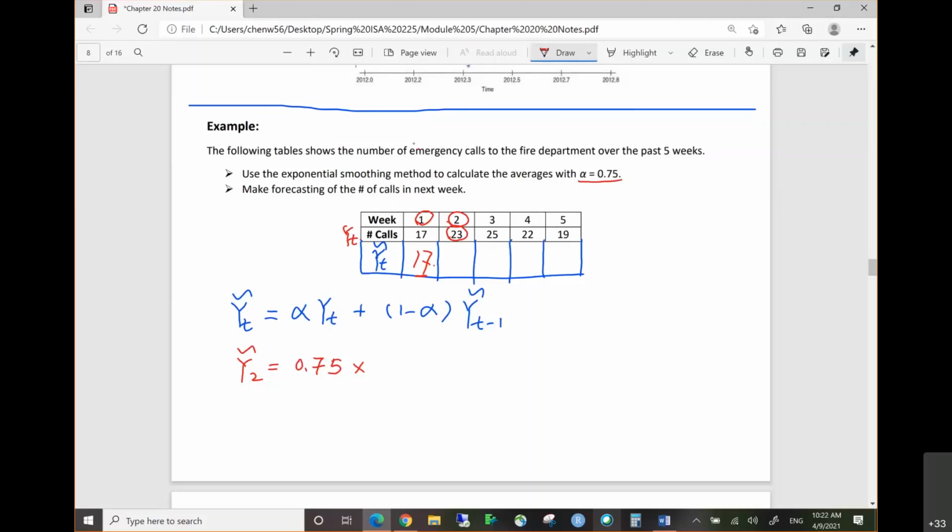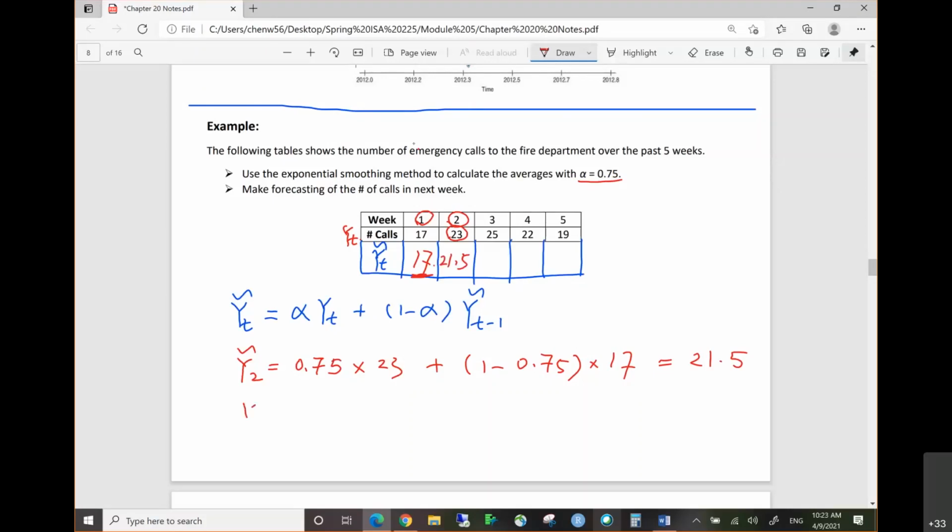So it will be 0.75 times 23, plus 1 minus alpha, 1 minus 0.75, times the previous estimated value, which is 17 as the starting point. Based on this, you can calculate it as 21.5. So this is 21.5 for the estimated value for week 2.